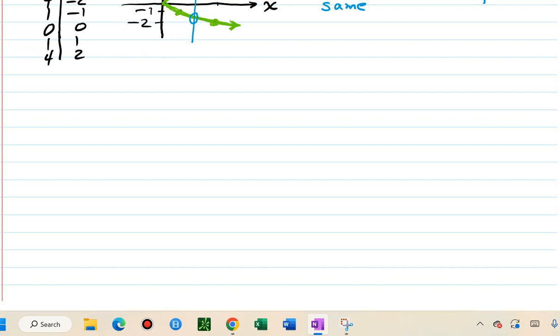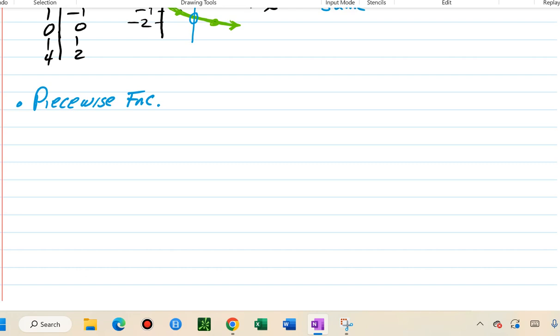Okay. Now the last idea, and then we look at some examples, is let's talk about what we call piecewise functions. So what is a piecewise function? Well, a piecewise function is one that's made up of several pieces. Okay, so for example, just on the graph of a function, and then I'll give you one with a detailed algebraic expression.